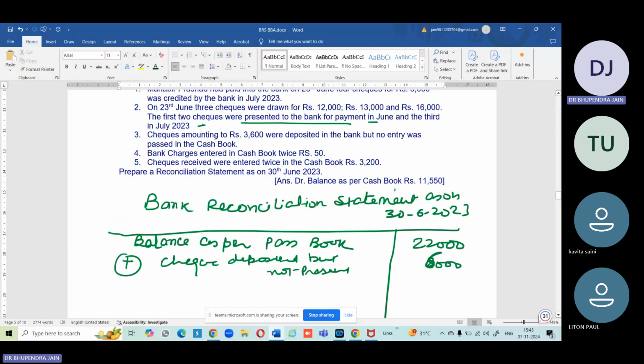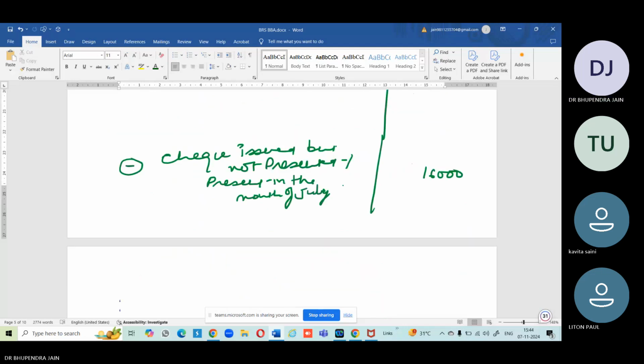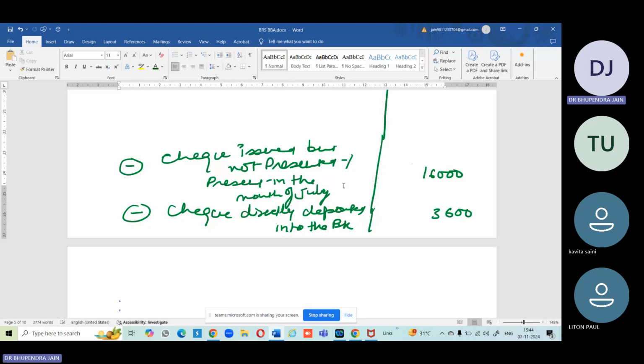Minus क्या लिखा है? Minus check directly deposited into the bank, 3,600.